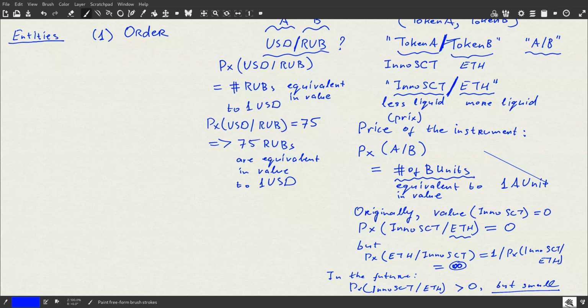So we would typically want this price to be greater than 1. In our case, it wouldn't happen.